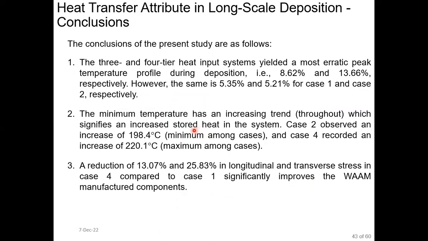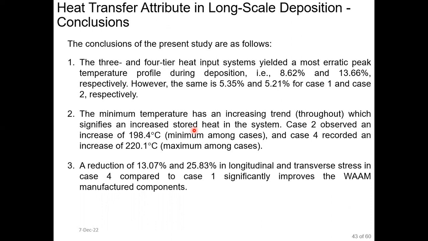These are the conclusions of the study. I have proposed 4 different cases: single-tier heat input, 2-tier heat input, 3-tier heat input, and 4-tier heat input system. In the 3 and 4-tier heat input systems, it has been observed that there is a maximum variation of temperature by 8.62% and 13.6%. However, these values are 5.35 and 5.21% for case 1 and case 2 respectively.